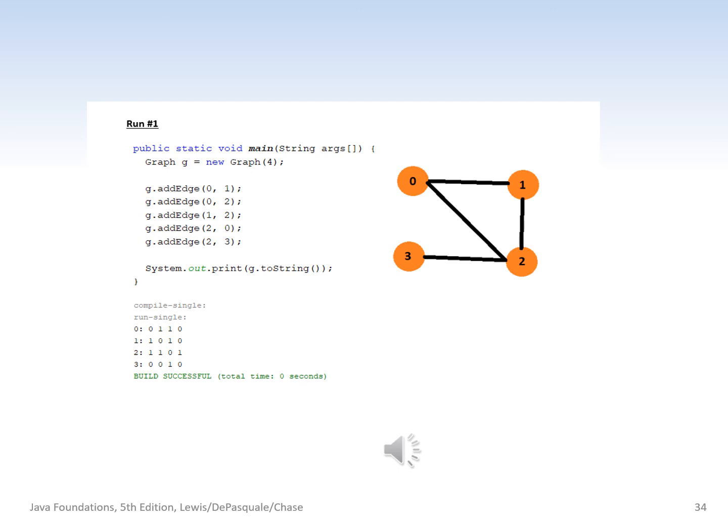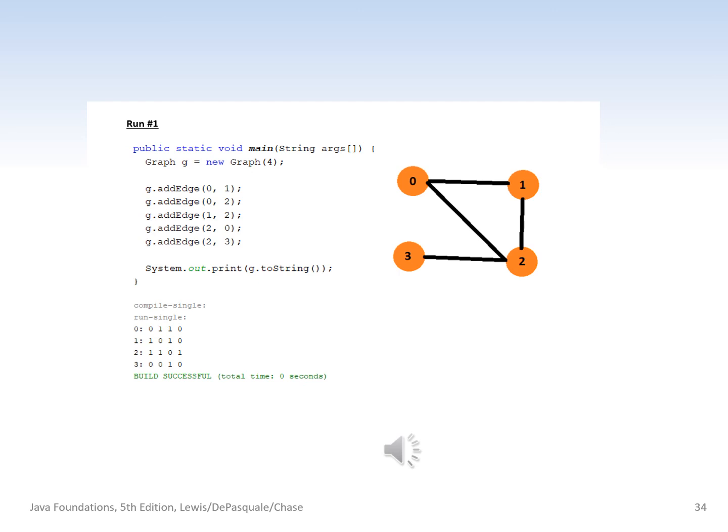And here's the main right here. I apologize, I'm not the most artistic person. I know that those edges are a little bit non-horizontal and non-vertical, but anyway. So we're adding edges 0, 1, 0, 2, 1, 2, 2, 0, 2, 3.